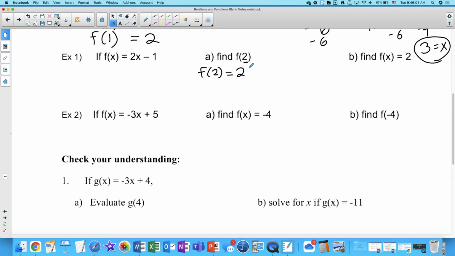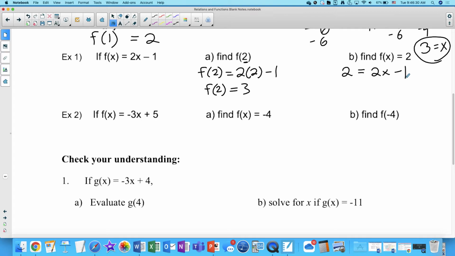When you have f of x equals 2, we don't know what the x value is, which is on the right, but we know what f of x is on the left. So here we sub the 2 in on the left: 2 equals 2x minus 1, and then we can solve. Add 1 to both sides and you get 3 equals 2x.